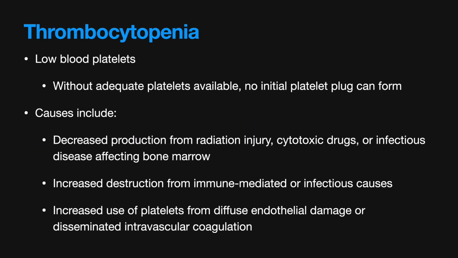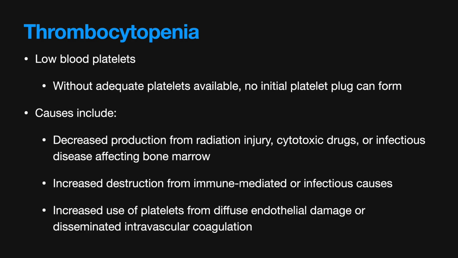Now that we have an understanding of how coagulation works, we can apply this knowledge to coagulation disorders. Thrombocytopenia refers to low blood platelets. This affects coagulation significantly, as without adequate platelets available, no initial platelet plug can form. There are several potential causes of thrombocytopenia.